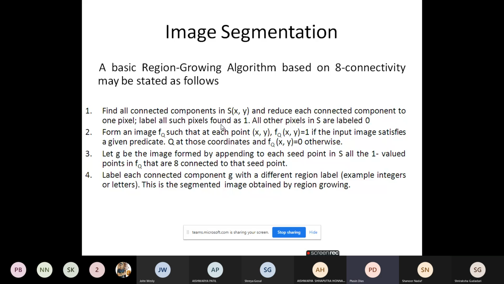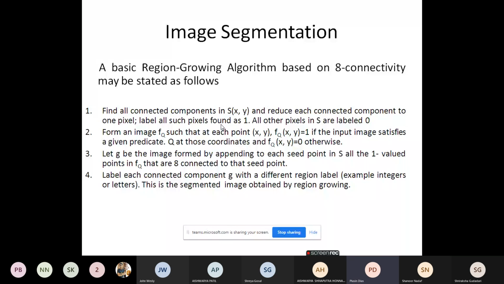Then you have to label each connected component of G with different region labels, might be with some integers or letters. So this is a segmented image obtained by region growing. This rule is followed for region growing based on 8 connectivity.